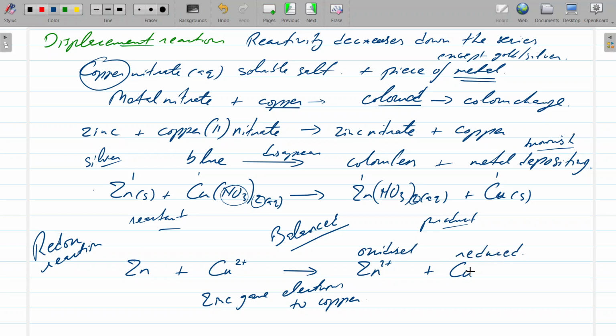Why? Because zinc has lost electrons or its oxidation number has increased, however you want to look at it. And so that is oxidation. And copper has gained electrons or its oxidation number has decreased, it went from 2 to 0. And so that is reduction.